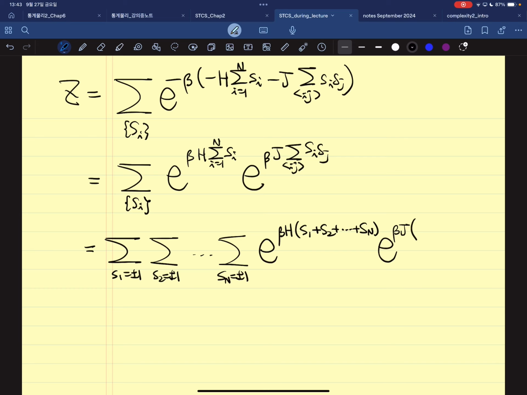And here, the non-trivial thing is it's not just a globally connected part. This one can be some very complicated form. So for example, S1, S2 plus S1, S100 and S2, S4 plus all kinds of S7, Sn or something like that.